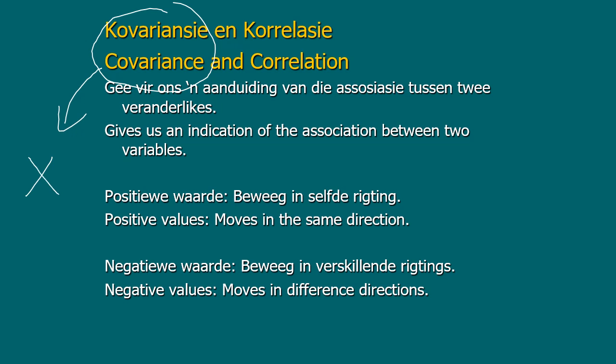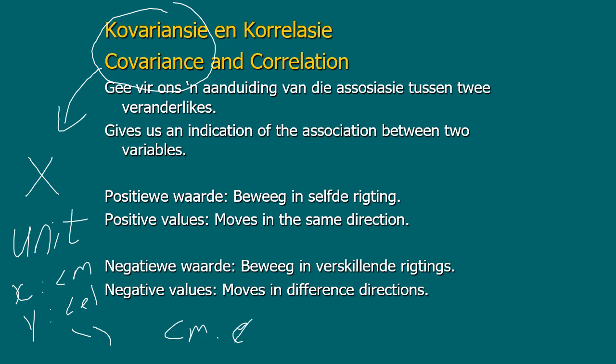The covariance we don't like to use because it has a unit problem. If X is, let's say, centimeters and Y is Celsius, the unit for the covariance will be centimeters times Celsius, which has absolutely no meaning.